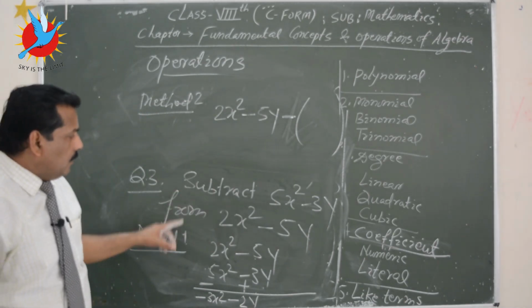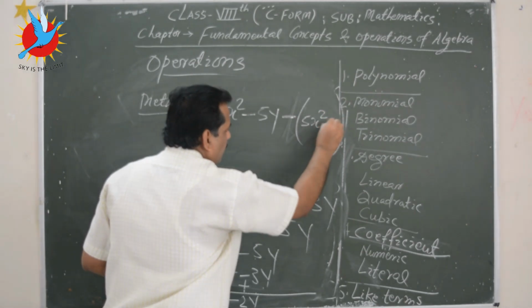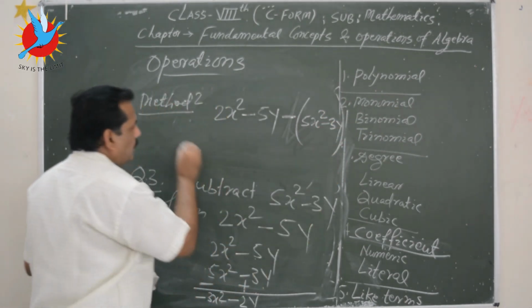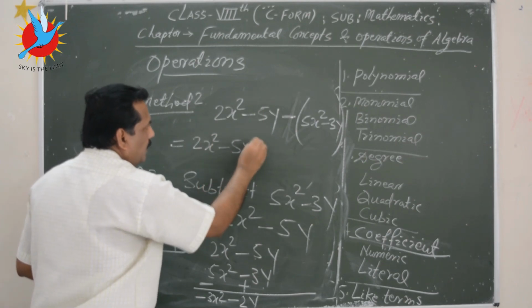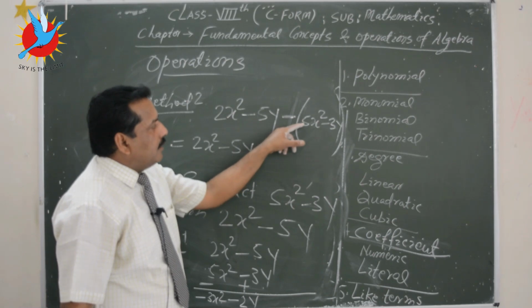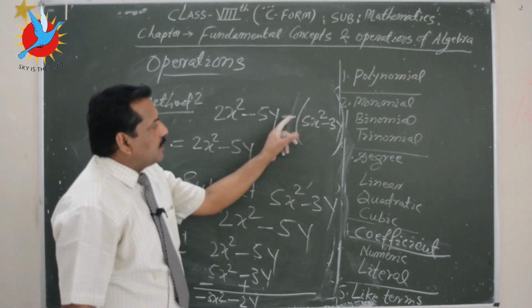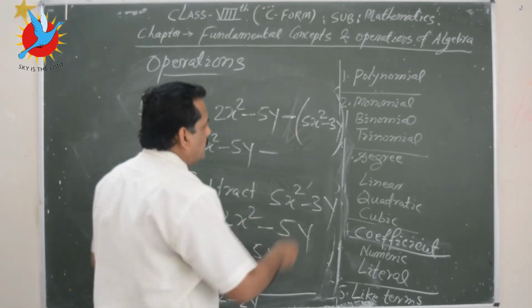This subtract this one, 5x square minus 3y. So now equal to 2x square minus 5y. See, you are aware about this. This is minus sign, here it is plus. So plus minus minus and minus minus plus.